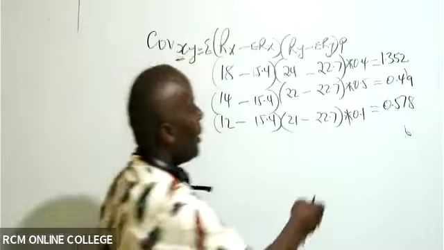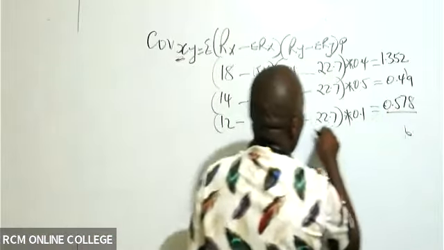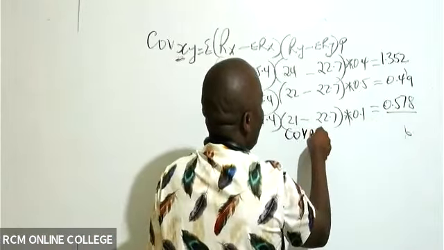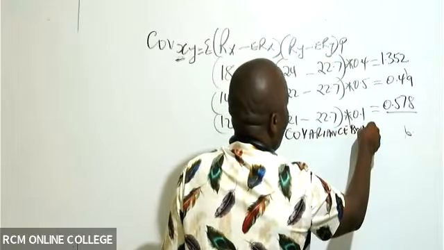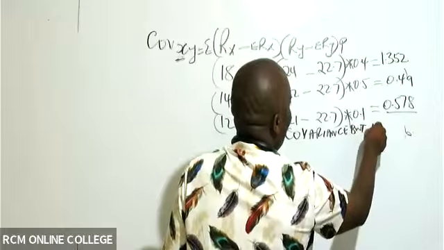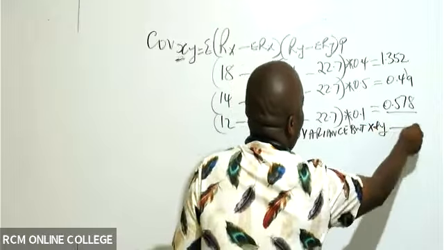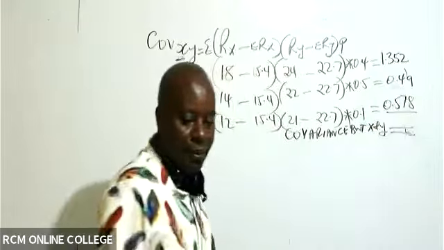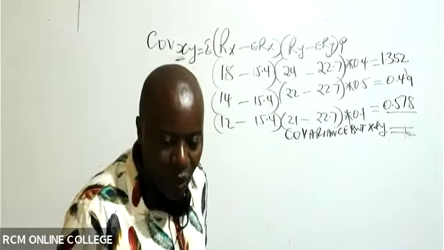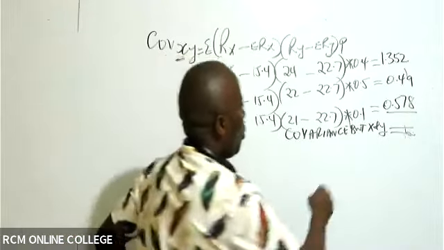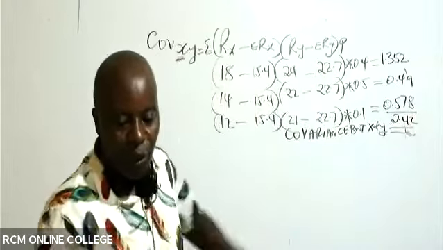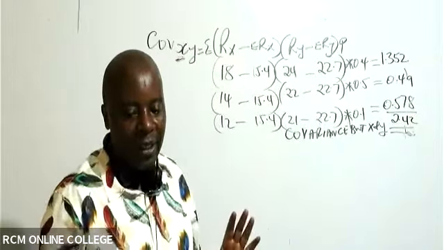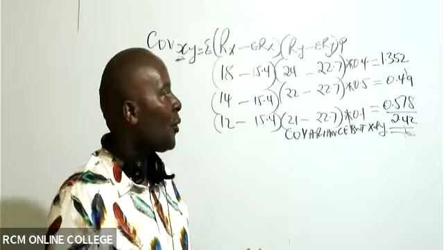So you sum, and they give me the covariance between X and Y. According to Audrey, we are getting 2.42. Pauline has confirmed 2.42. Thank you so much.